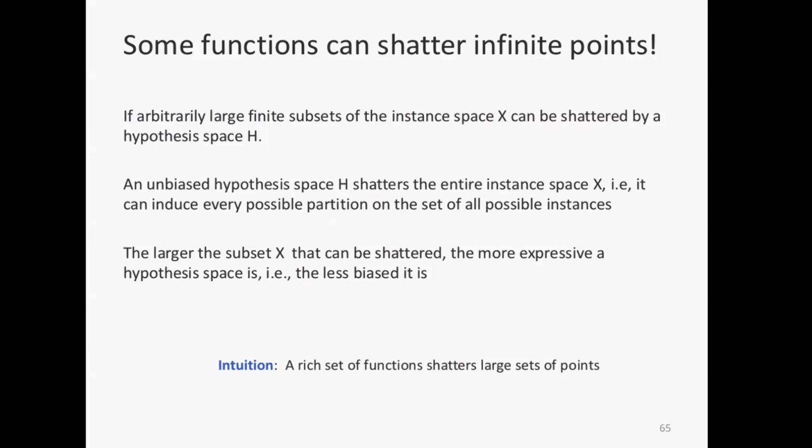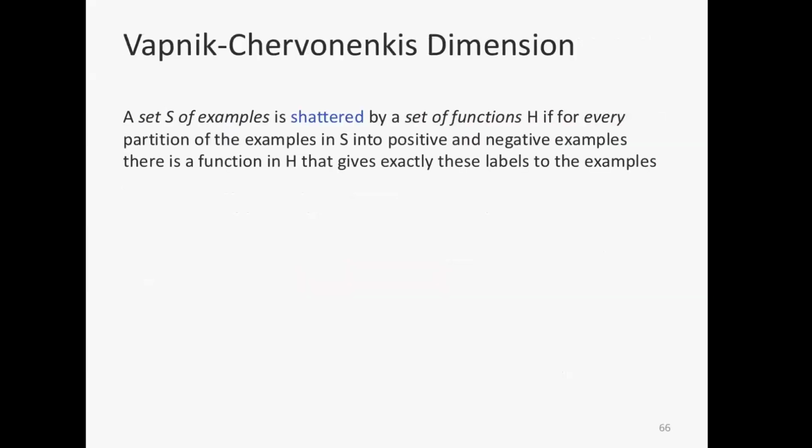Now I'm ready to introduce VC dimension, which adds a layer of complexity on top. This is just a definition of shattering. The set S is shattered by a set of functions if any labeling of any partition of the points into positive and negative can be matched by some function in your function class.